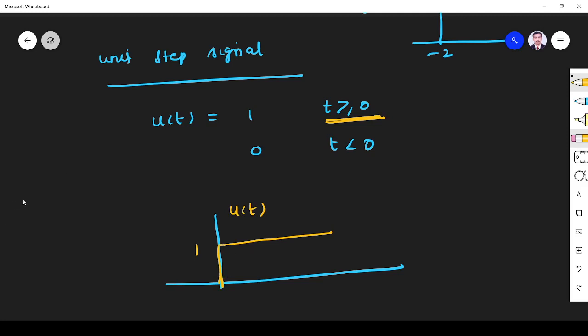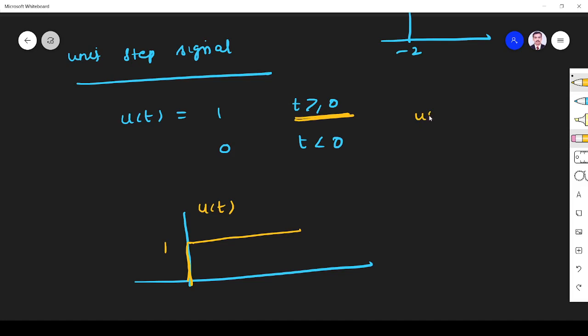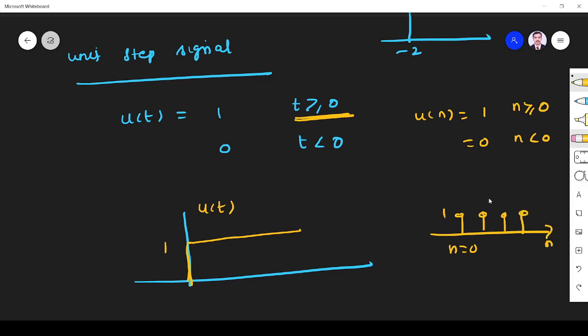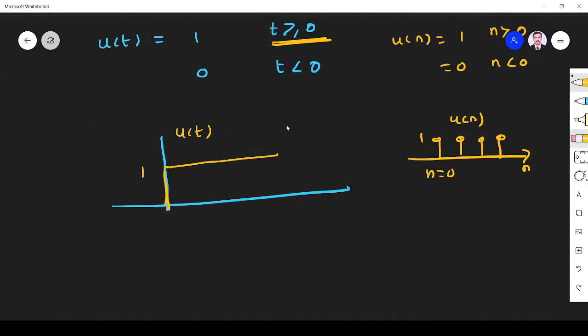In discrete, I can write u of n, right? So u of n is equal to 1 when n is greater than or equal to 0, 0 when n is less than 0. So for all n is equal to 0 to infinity, the amplitude is 1 for u of n. This is the discrete time unit step.